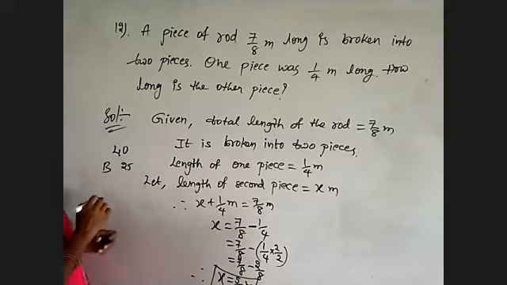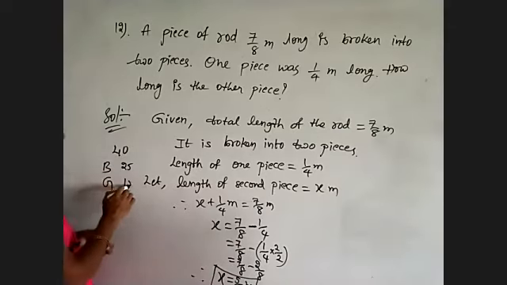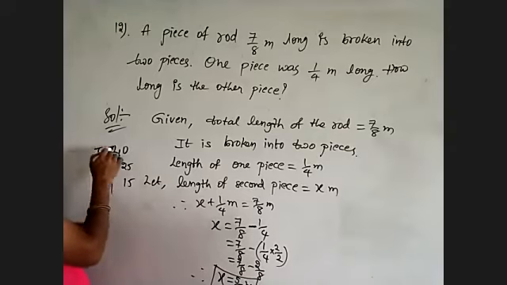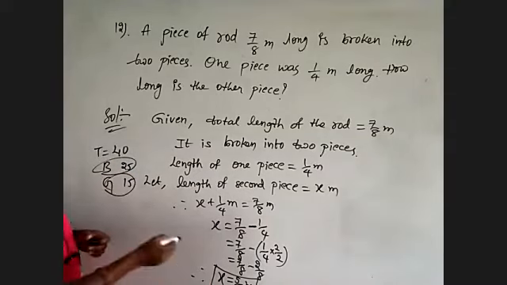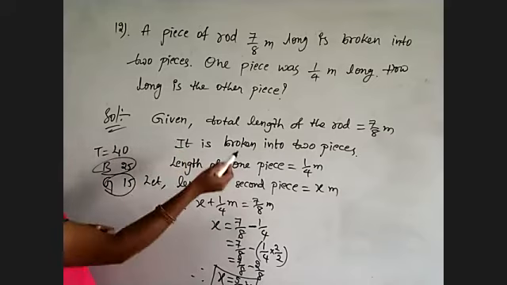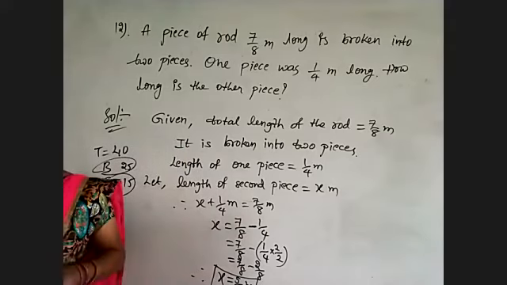Then how many girls will be there? 40 minus 25, which is nothing but 15. Same thing here also. Total length they have given as 7 by 8, and one piece is equal to 1 by 4, and the other piece will be equal to 5 by 8. How are we getting it? 7 by 8 minus 1 by 4. That's it.